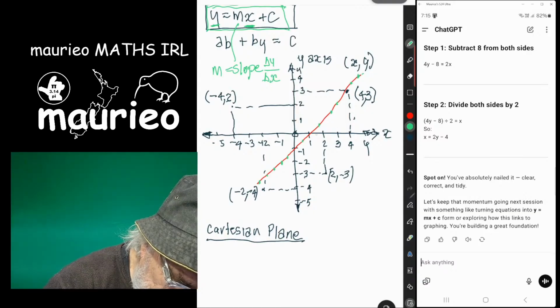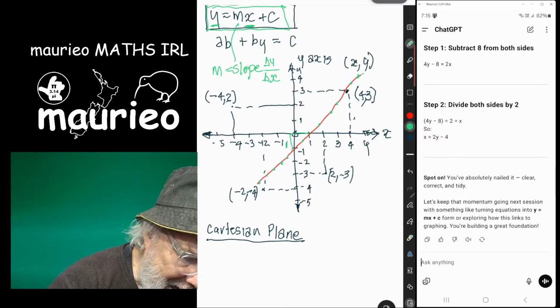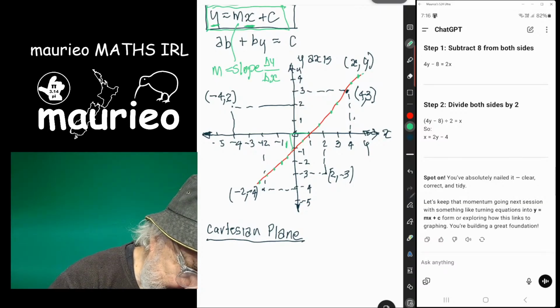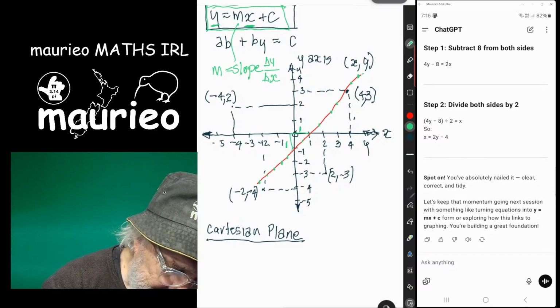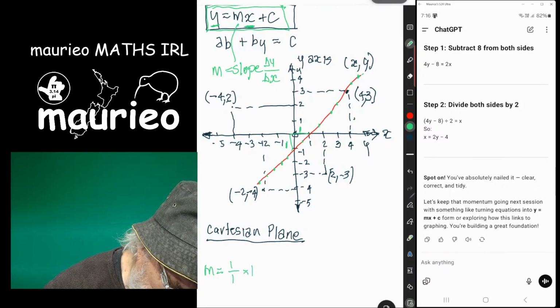If we look at the slope, we can see that it's got a slope of, the y is 1, and so if we go from here, it's going up 1, which is positive 1, and across 1. So in this case here, for this graph here, m equals 1 over 1, which equals 1.